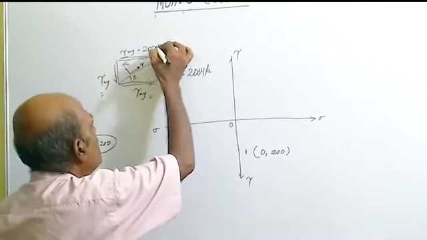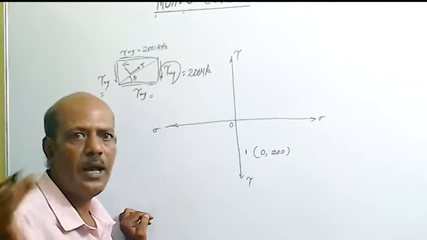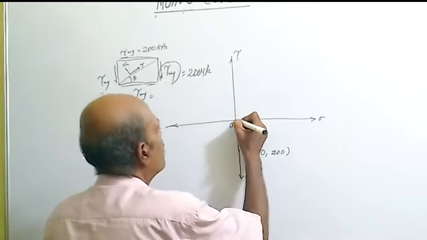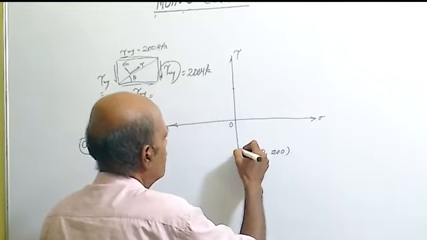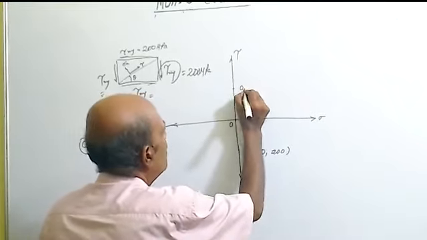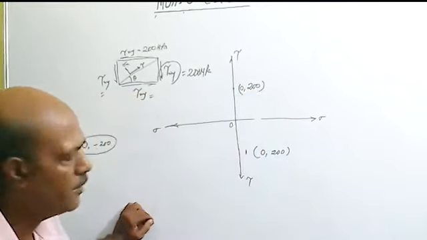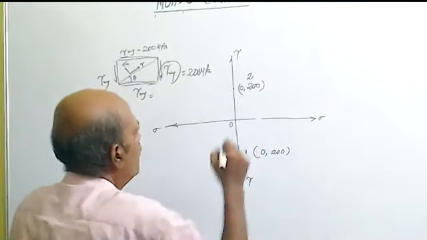This is the stress condition: sigma y is 0 and tau is plus 200. So this distance and this distance will be equal, because 200. So (0, 200). We have marked these 2 points, point 1 and point 2.